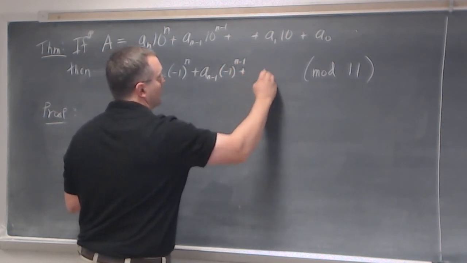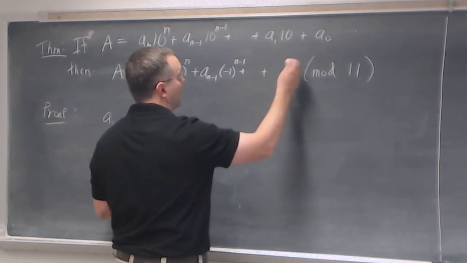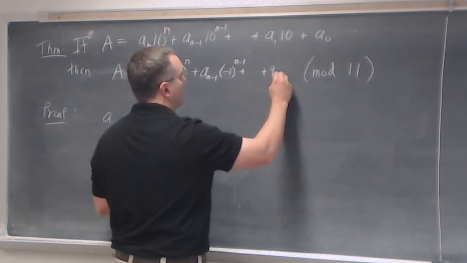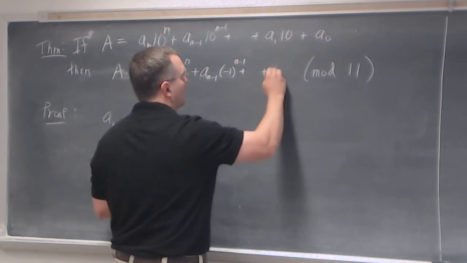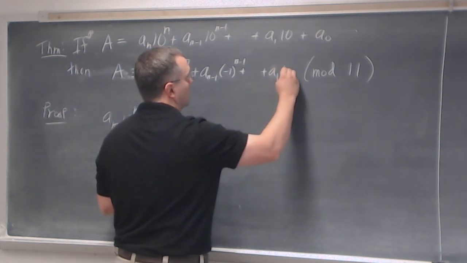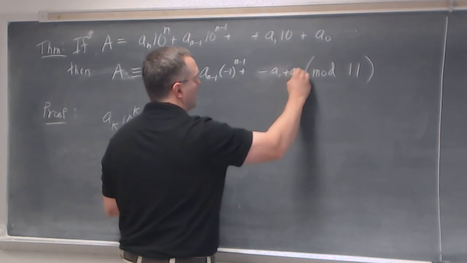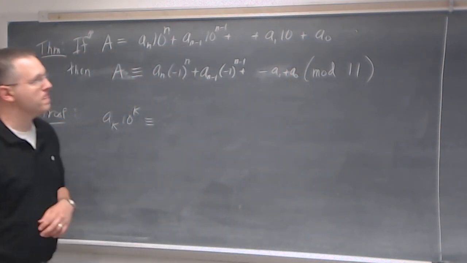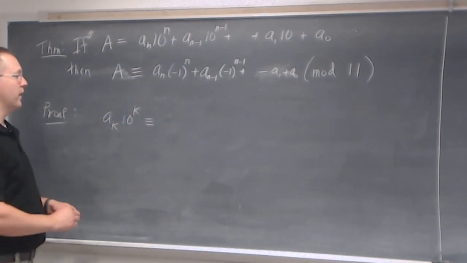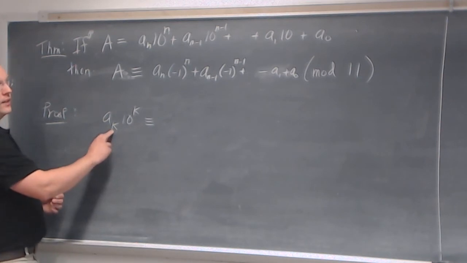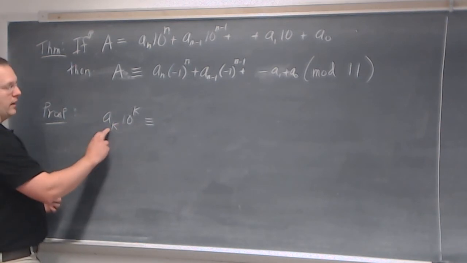You're just replacing all the powers of 10 with negative 1. So it's negative a_1 plus a_0.